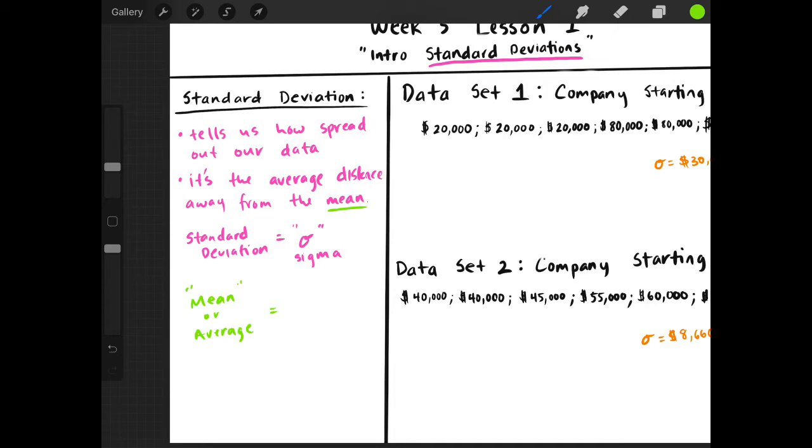We also have a symbol that we're going to use to represent that, so I don't have to write out mean and average every single time. It's another Greek letter. It's called mu. Notice how it kind of looks like an M for mu or for mean. Mu, that's how you spell it. That's what we're going to use to represent mean or average as we go through these next couple sets of lessons.